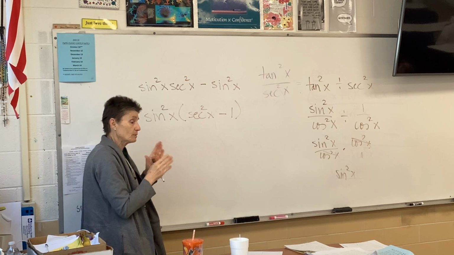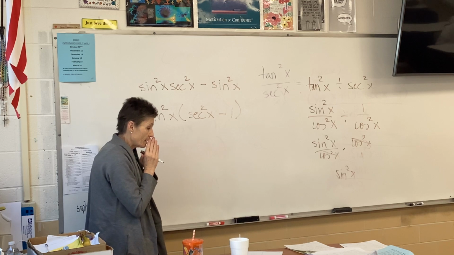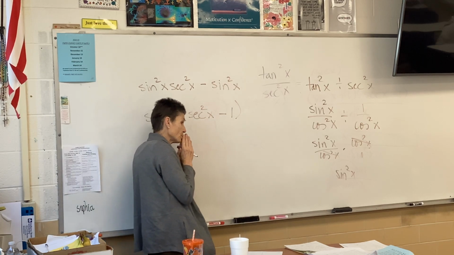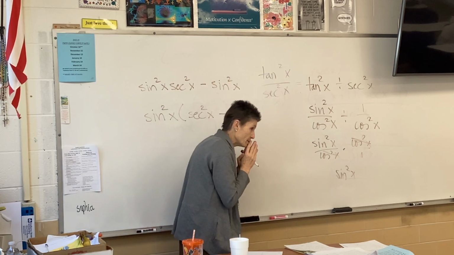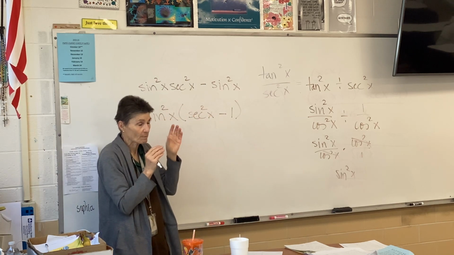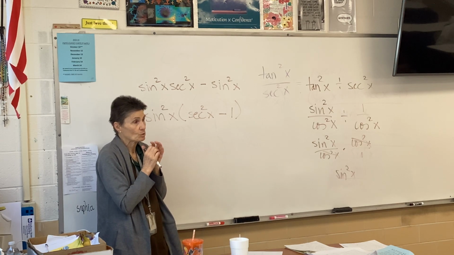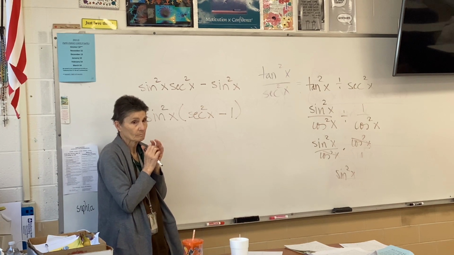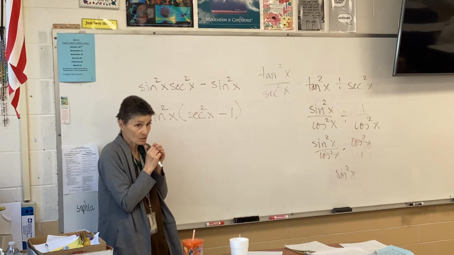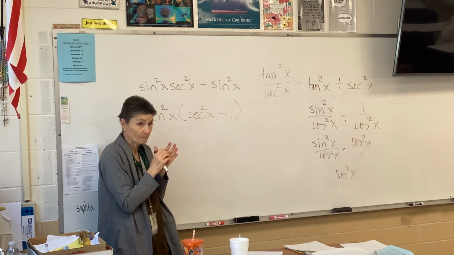Now this is a little tricky. I want you to look at your sheet. And on your sheet somewhere, I'm talking about the circled parts, the parts we look at, do you see a secant squared? Tangent squared plus 1. So secant squared is 1 plus tangent squared.